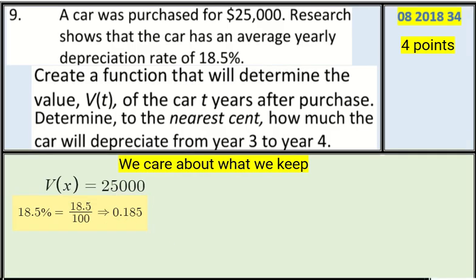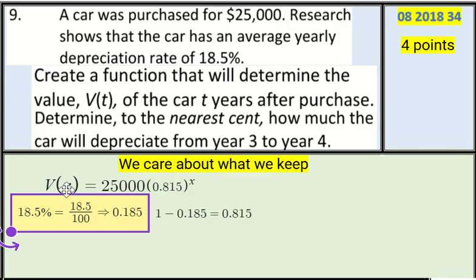So if I'm losing 0.185, if I subtract that from 1, now I find out how much I'm keeping. And I'm actually keeping 0.815. And that's what I'm going to put in my equation. So V of x equals 25,000 times 0.815 raised to the x power.